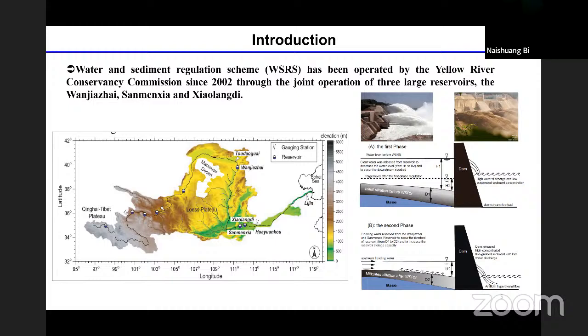During the second phase, the flood water released from Wanjiazhai and Sanmenxia erodes the sediment intercepted in the Xiaolangdi Reservoir, and also exports high-concentration sediment to the lower reaches, normally in the form of artificial hyperpycnal flow. This photograph shows sediment released from the Xiaolangdi during phase two.